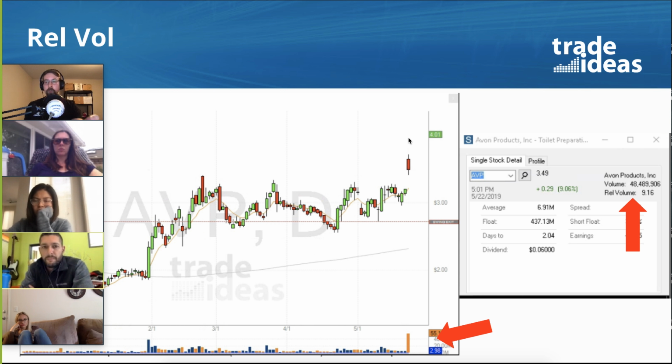But I was looking at this stock because I have scanners in Trade Ideas. It says, show me not what's doing the most volume. Because again, Apple would always be near the top, and then Amazon and Google, they would all be up there every single day, which is not interesting to me. I want the ones that are normally at the bottom and are now spiking up for some reason, right? There's something going on.